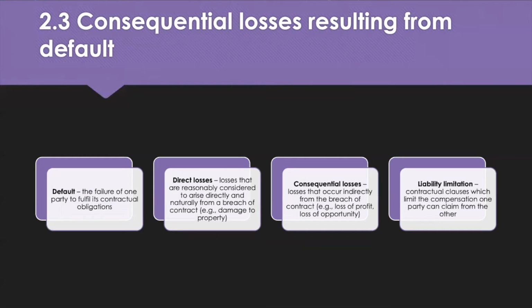Direct losses arise directly and naturally from a breach of contract, such as damage to a property, whereas consequential loss occurs indirectly from the breach of contract, so maybe the loss of profit or loss of opportunity. Generally, the most unpredictable losses are often more significant, and liability limitation often focuses on these types of losses.